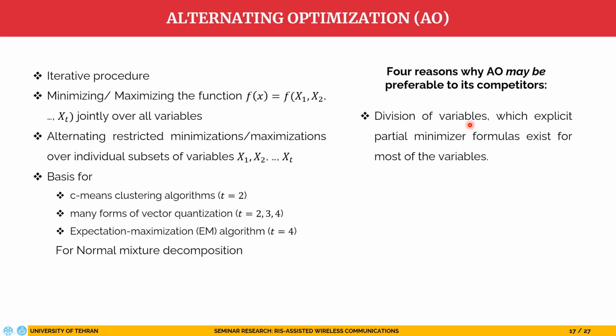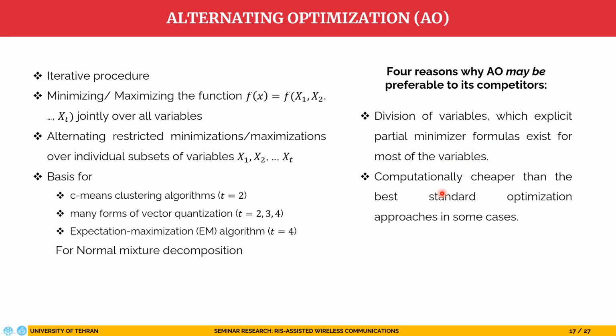First, this division of variables means explicit partial minimizer formulas exist for most of the variables. Second, it is computationally cheaper than the best standard optimization approaches in some cases, and computationally cheaper algorithms are very important for us.